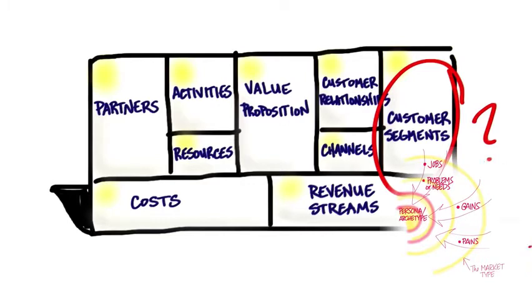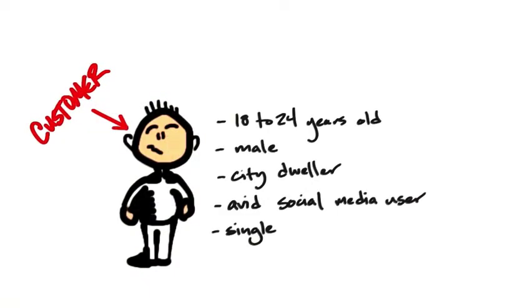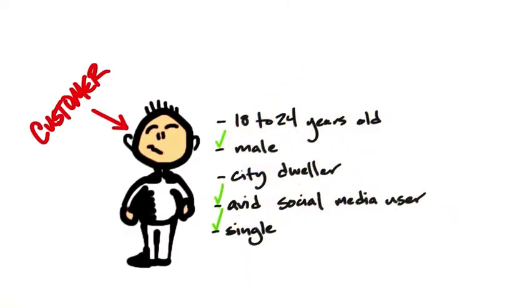Now, remember, your goal here is to start with a series of hypotheses. That's all you have on day one. If you're a domain expert, maybe you know a little more, but it's okay because you're just kind of guessing here. You start with, well, here's who I think my customers are. But then you get out of the building and you start running experiments and you find out, oh, I was right. Or more often, on your first guess, I was wrong.